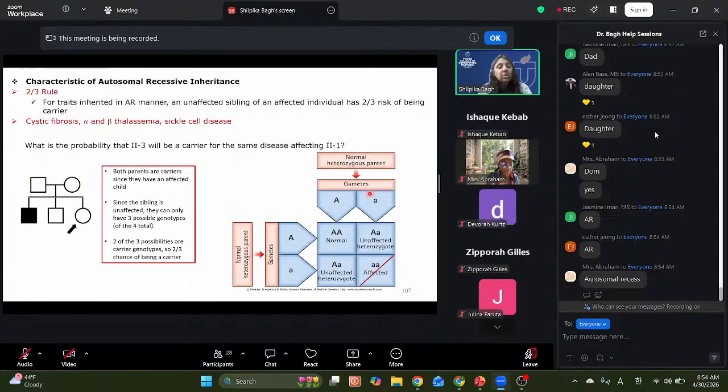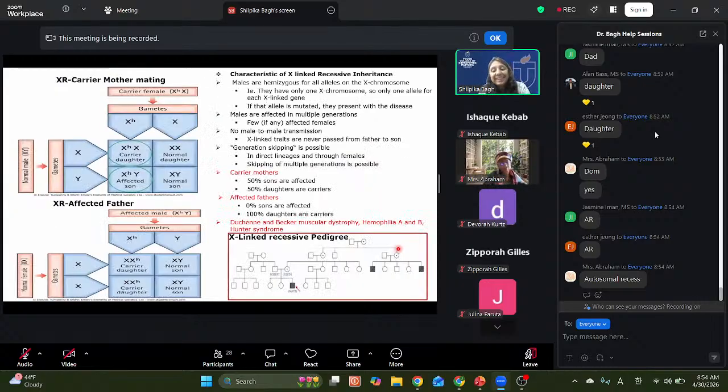Absolutely. It's not possible that only one parent carries the mutant allele. One parent carrying a mutant allele is possible in X-linked recessive or autosomal dominant. So for the 2/3 rule: autosomal recessive, both parents are carriers, and the sibling they are asking about is unaffected. Now, what is this disorder?